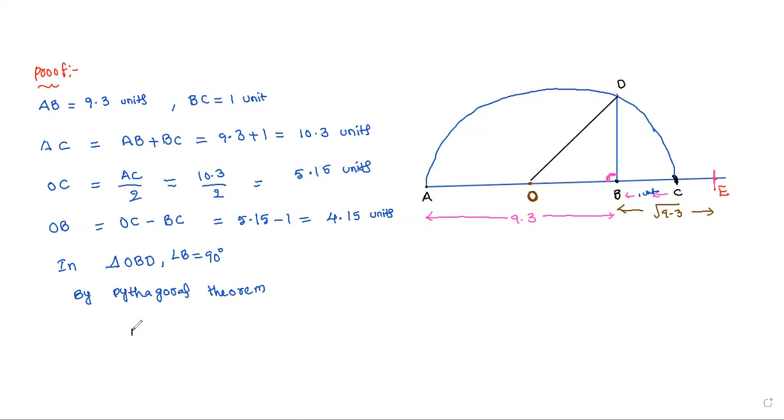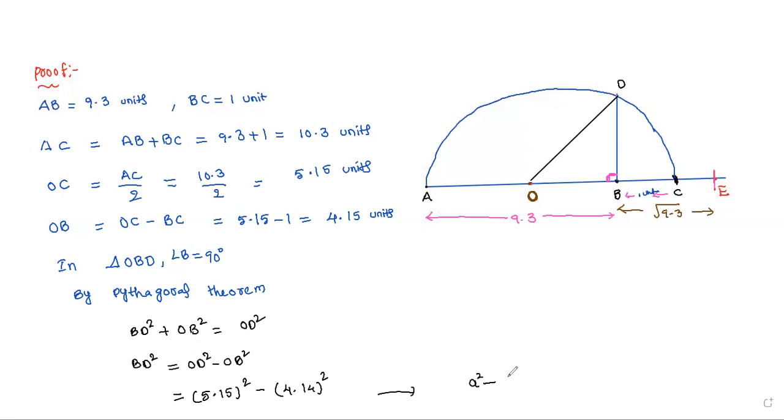BD square plus OB square is equal to OD square. Square of hypotenuse equals the sum of squares of the other two sides. Find out BD square, OD square minus OB square. OD value 5.15 whole square minus 4.15 whole square. Simplifying, a square minus b square is a plus b into a minus b.